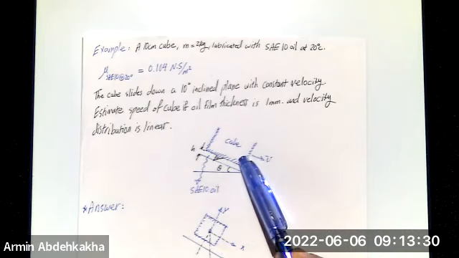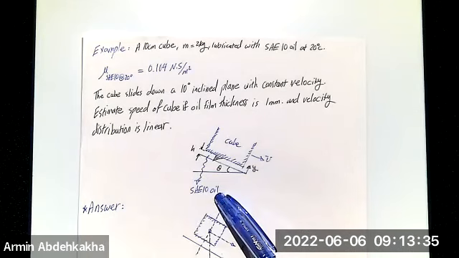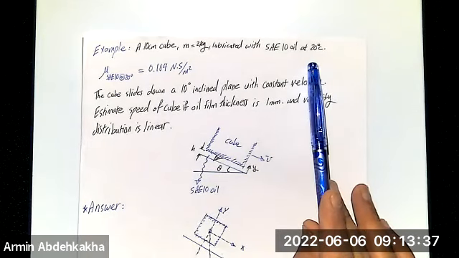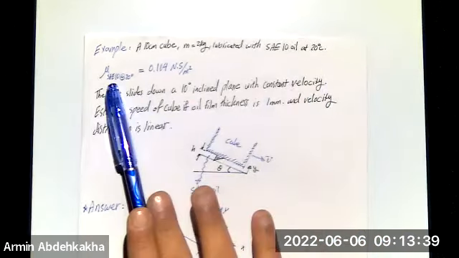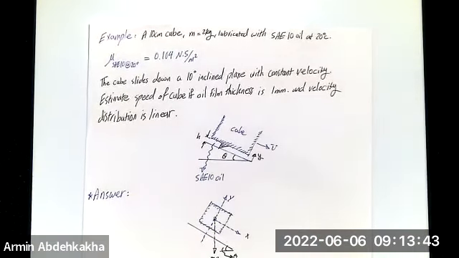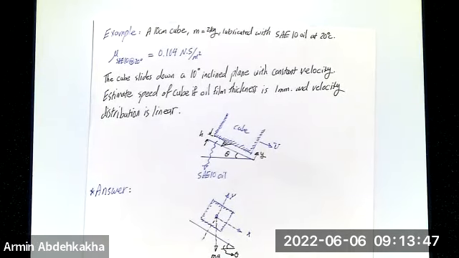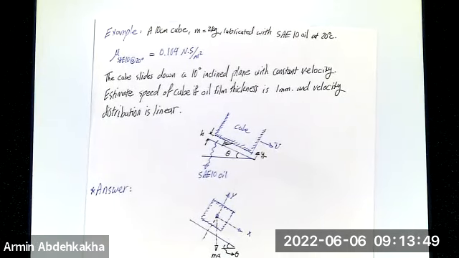But between these two, you have SAE10 oil at 20 degrees, and the mu of that is given. So the cube slides down, and theta is 10 degrees. Okay?